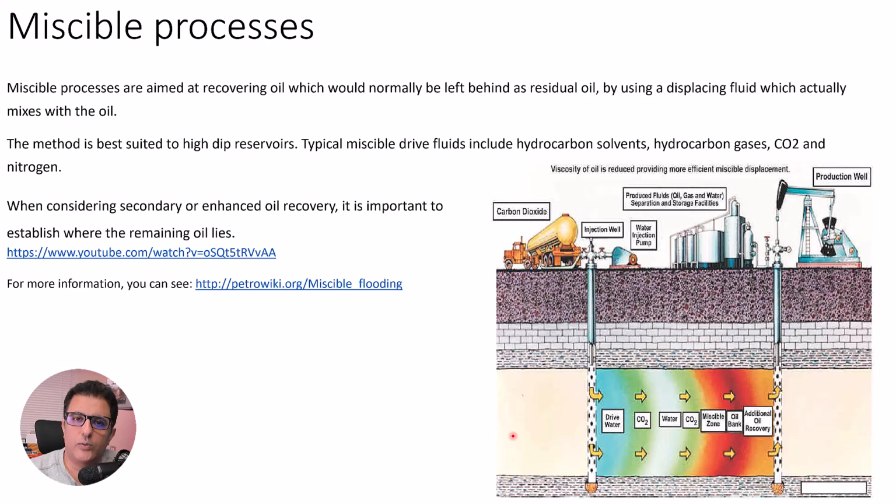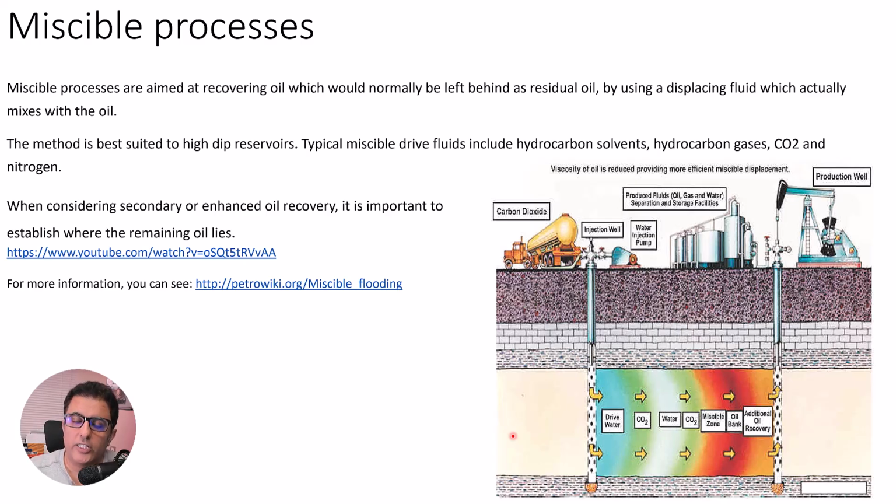Another method that we may use in order to reduce the viscosity of the oil is injecting some gas into the reservoir that is dissolvable, or miscible, in the oil. For example, we can inject CO2. CO2 can be dissolved into the oil, and we know that when more gas is dissolved into the oil, it becomes more mobile.